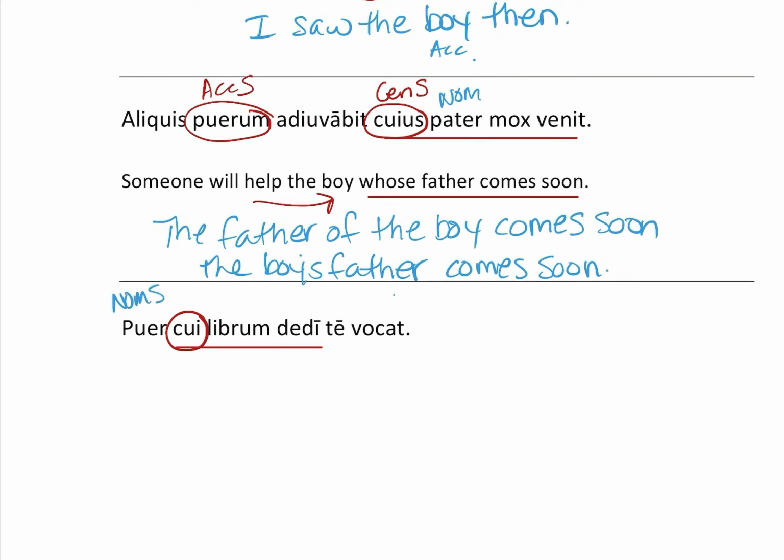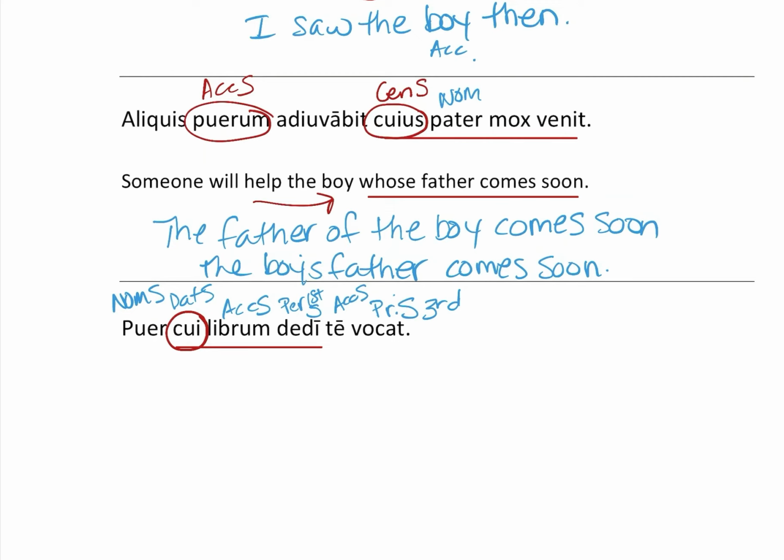Cui can only be dative, so this is helpful. It's dative singular. Librum is accusative singular. And this is dare, dedi, datum, perfect first singular. All right, te, remember, is accusative singular, and vocat is present third singular.